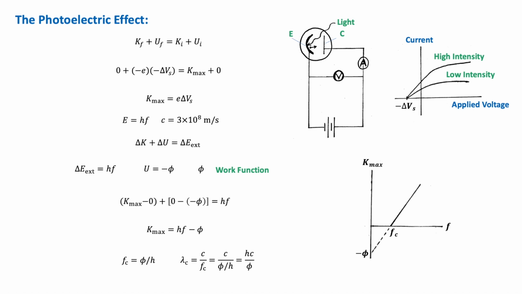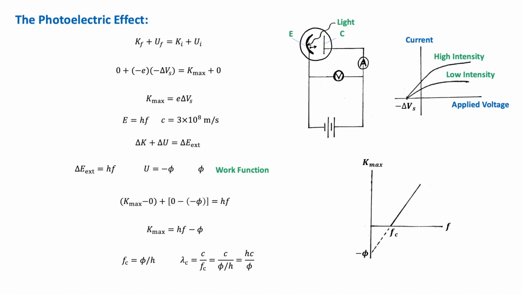According to this classical approach, this time interval is required for the electron to absorb the incident radiation before it acquires enough energy to escape from the metal.